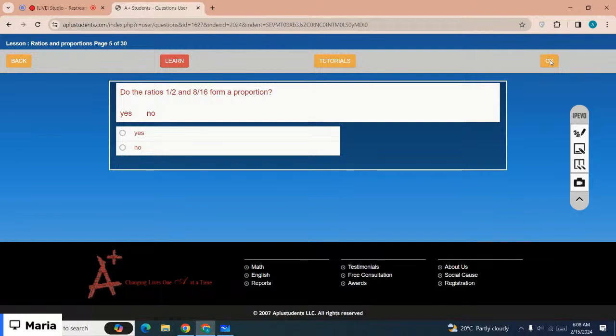Do the ratios 1 by 2 and 8 by 16 form a proportion? Which is the correct option?